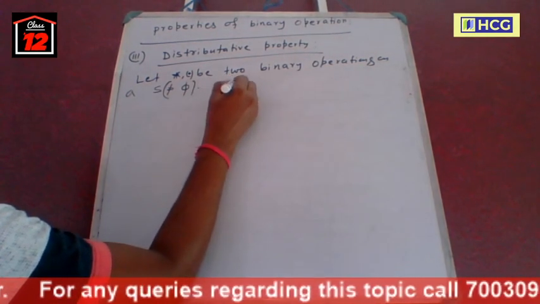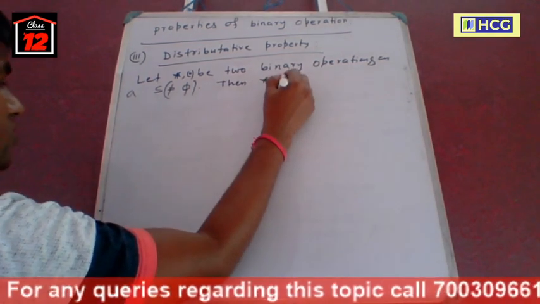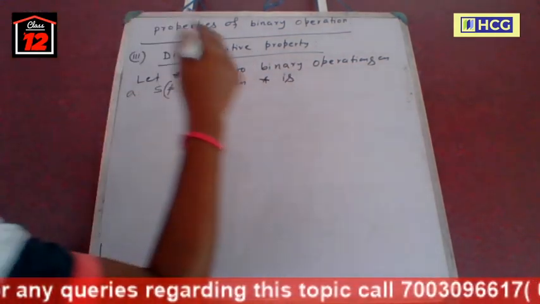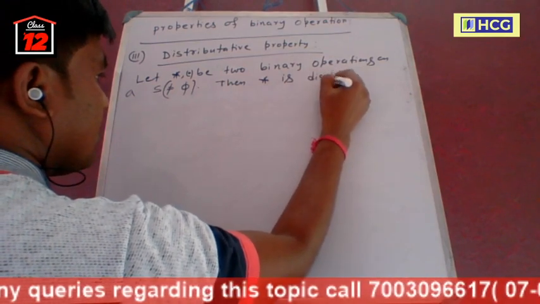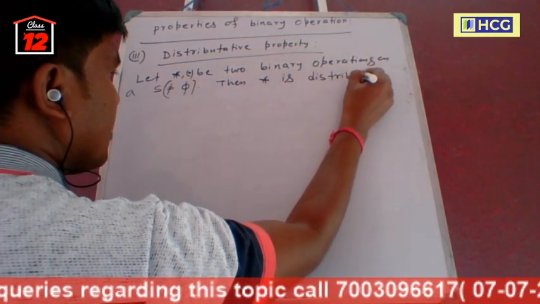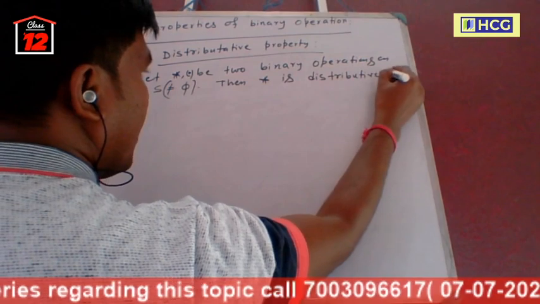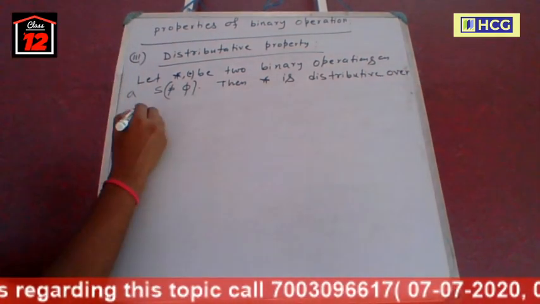Then star is called distributive over dot.